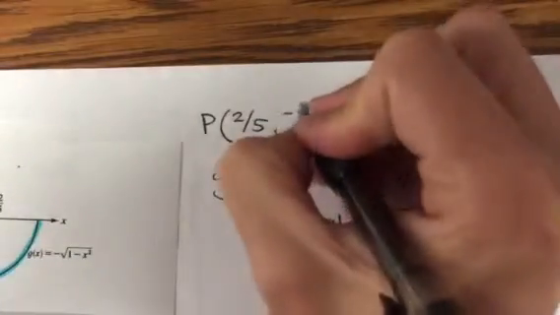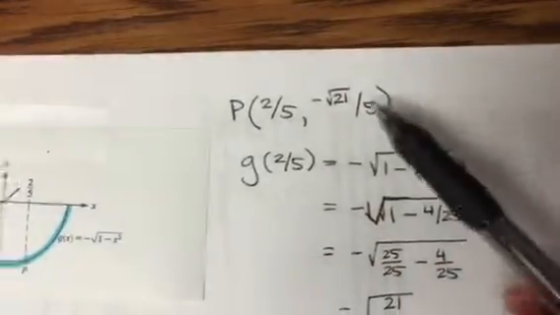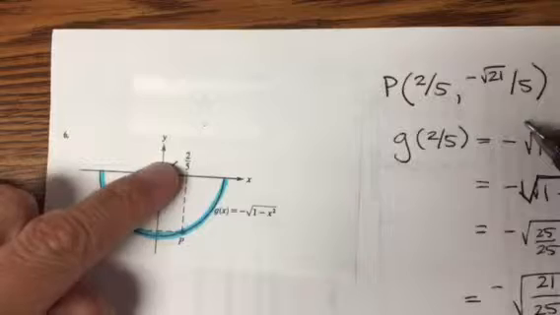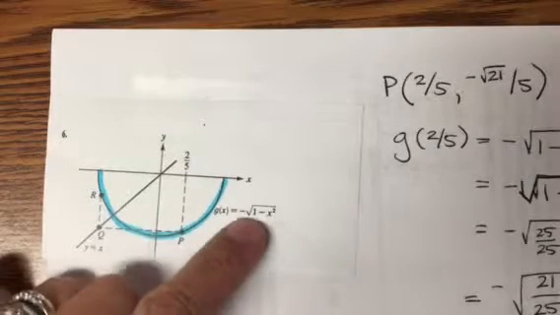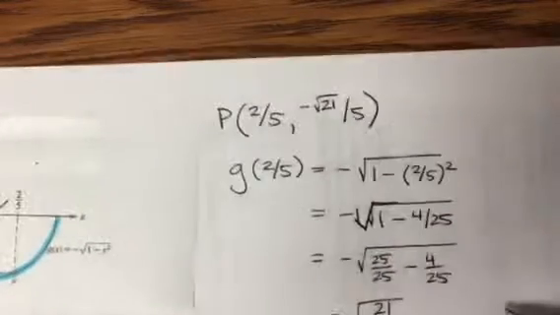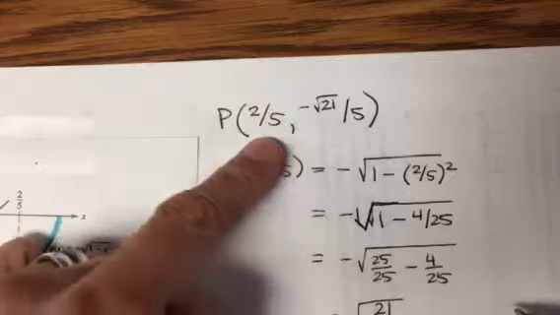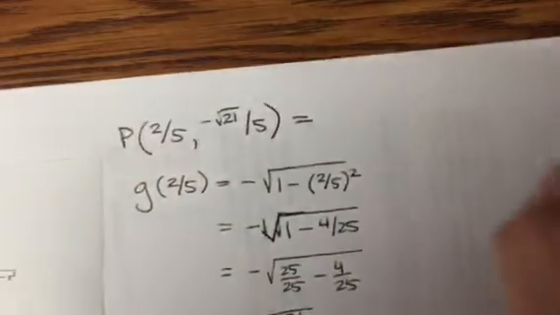And that is the value that's going to go into here. So we've got negative square root of 21/5. So again, all I did was I saw that the 2/5 was the x value. I need to find my y, and I plug it into here to find my y. So the question is asking for your answer in the exact form and then also into an approximation.